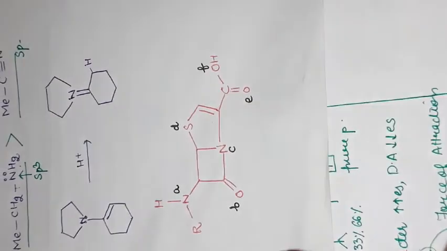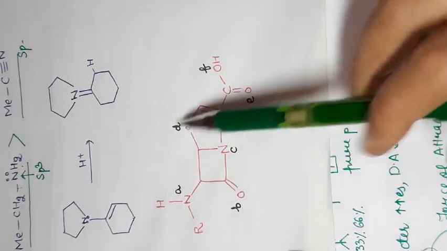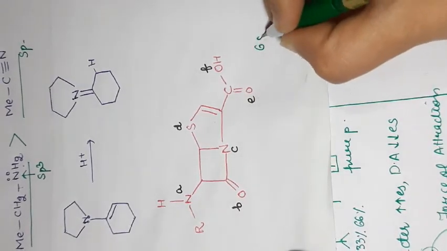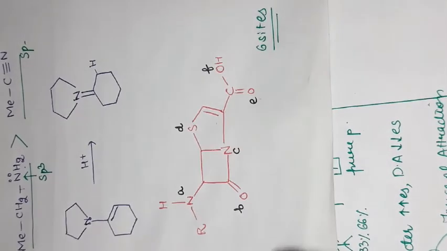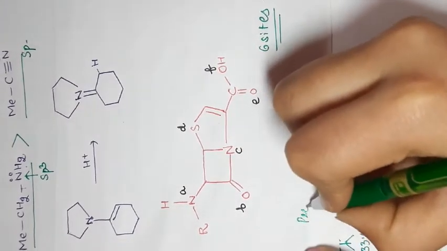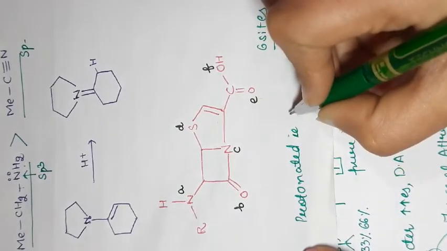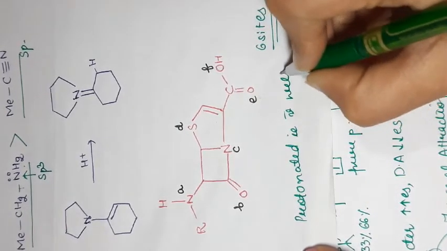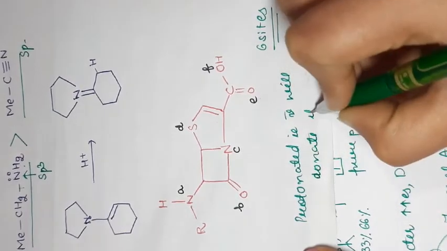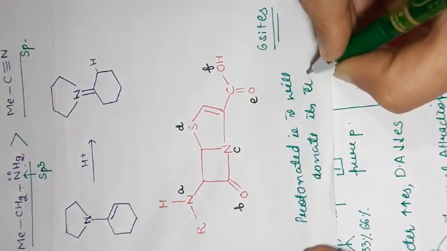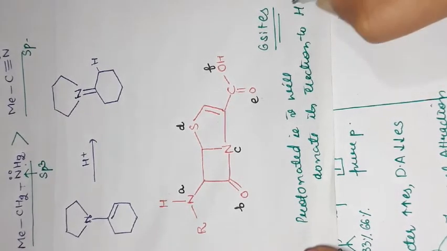See this question. Here we have 1 2 3 4 5 6 sites marked, and we need to decide which site will be protonated first. Here I am using the word protonated, that is which will donate its electron to hydrogen or H positive.